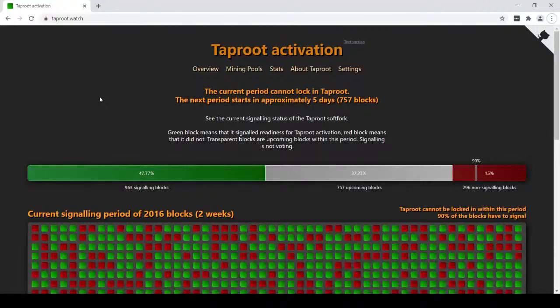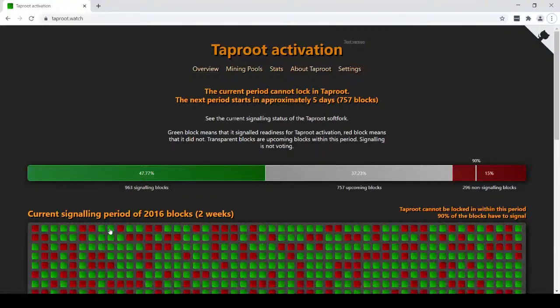So in the current round of voting, what you can see here is out of the 2016 blocks that are in the current round, you see that 963 blocks have signaled yes. That means those blocks had, within their version number, they had a yes. And you can see that here, like if you look at this green block, right?